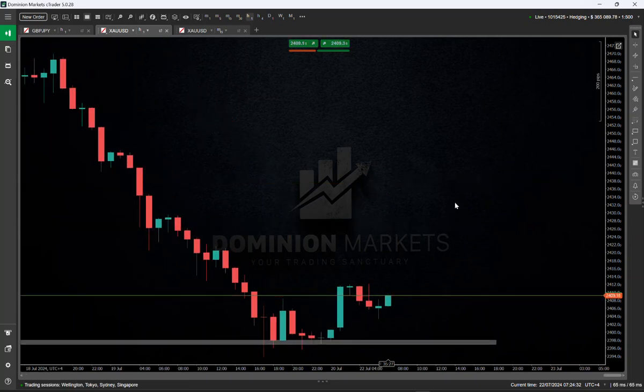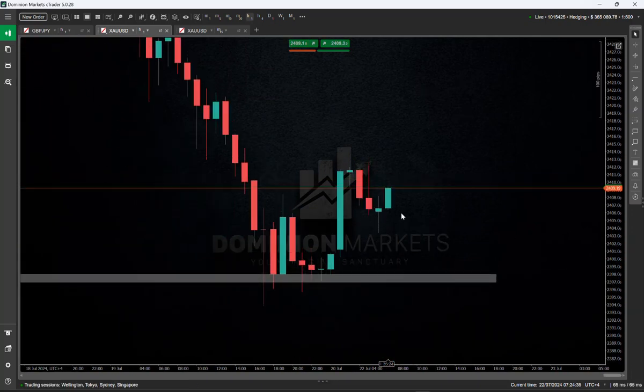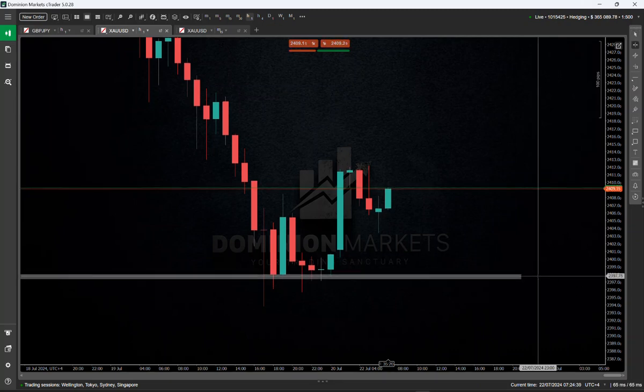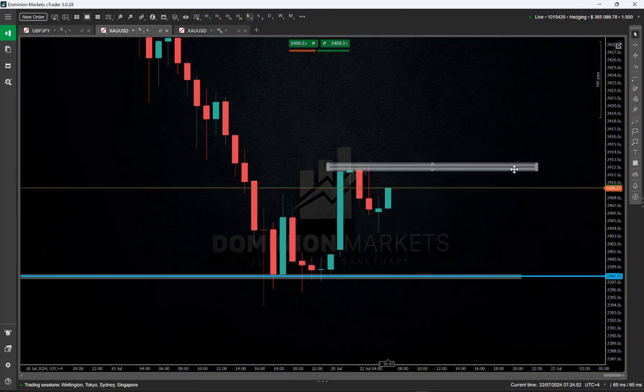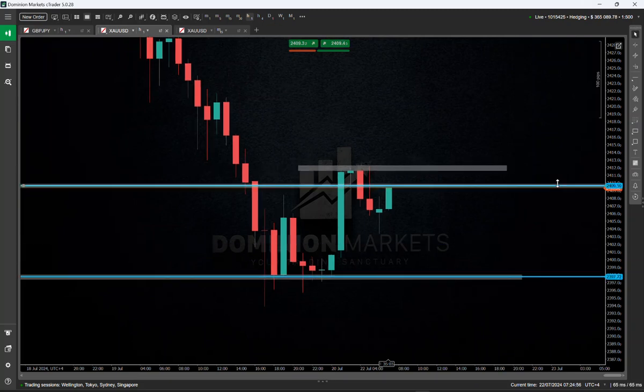So now let's zoom into this area here. On the 1 hour time frame, we can see that obviously there is a support formed at 23.97. Let's put a visible blue line over here. At the same time, we have a resistance formed on the 1 hour time frame right here around 24.11.